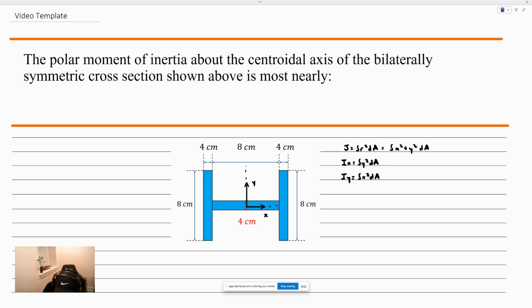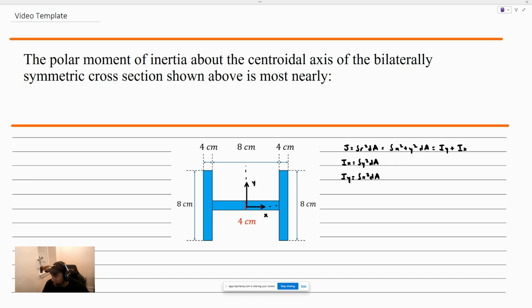That's the definition of r, which means J is equal to the sum of Iy and Ix. So that gave me an indication that if I'm able to compute both Ix and Iy and just add them together, then I'll be able to find J.